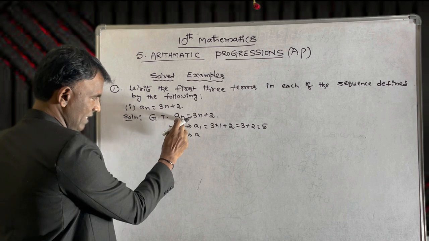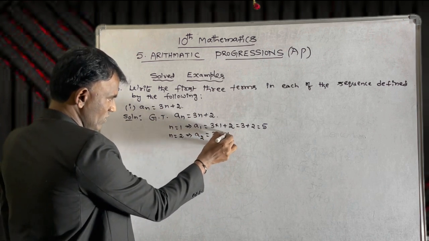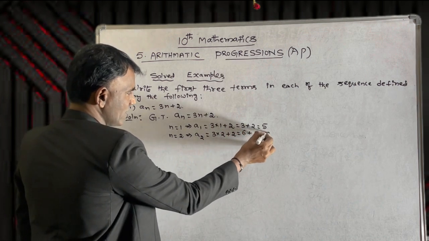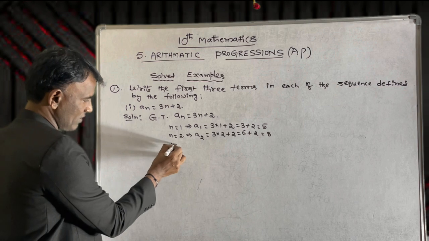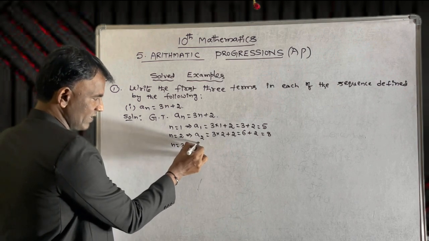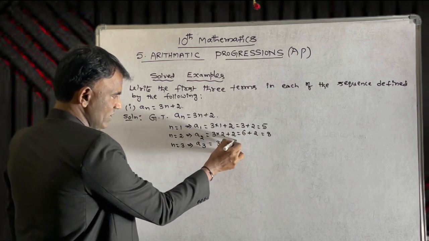Now n means 2, right? And here 3 into 2 plus 2. 3 into 2 is 6. 6 plus 2 equal to 8. And coming to the third one, we want the first three terms. Again substitute n equal to 3. We get a3. That is 3 into 3 plus 2.